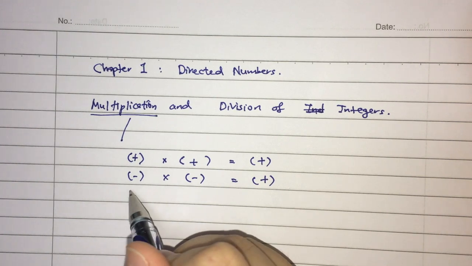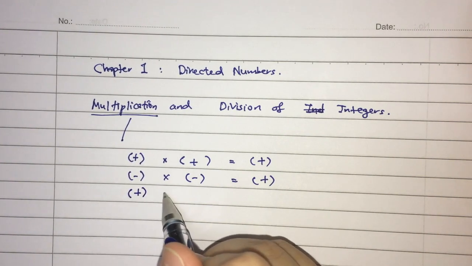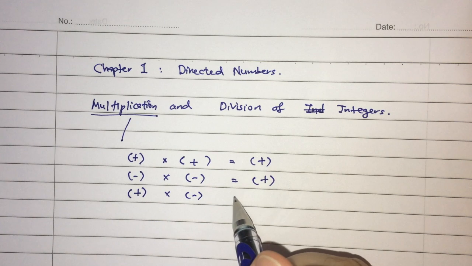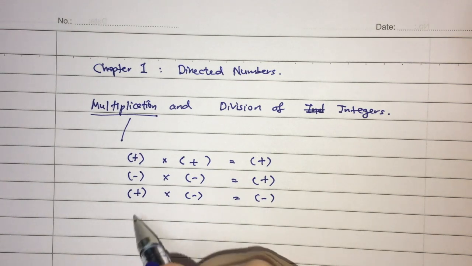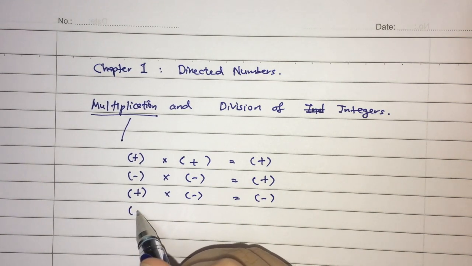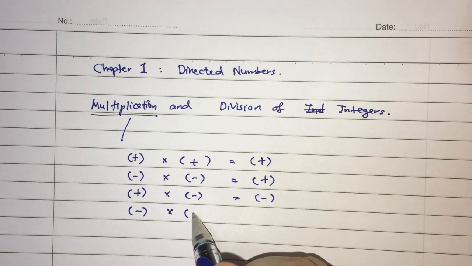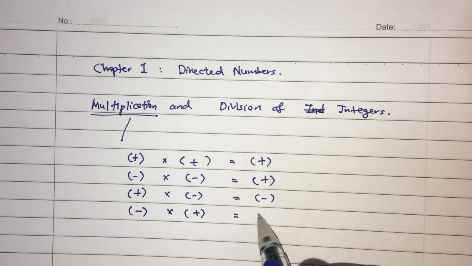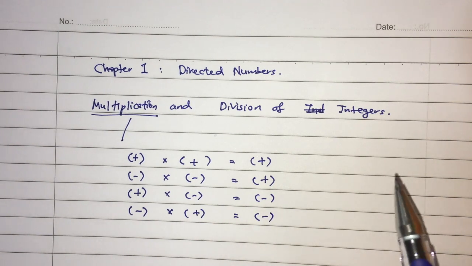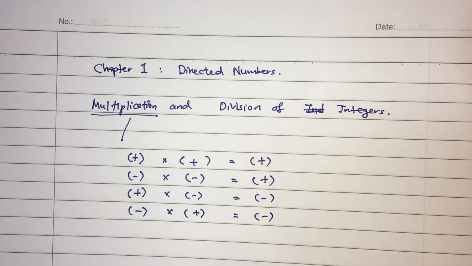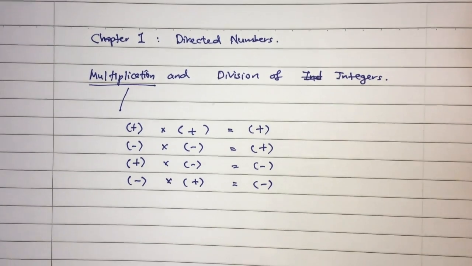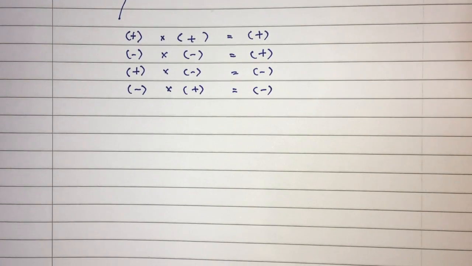So next, if we get a positive sign and a negative sign, we will get a negative sign. And while we get a negative sign times a positive sign, then we will get a negative sign. So that's all. Okay, so let's begin with some of the examples.